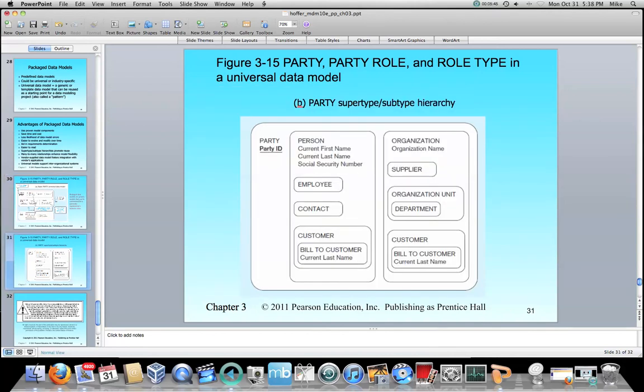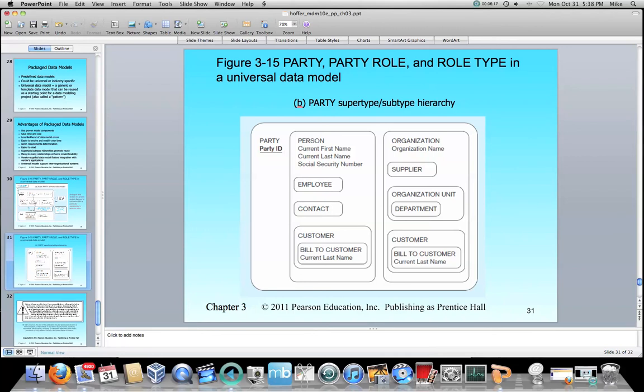And then this is the party being made into a supertype-subtype hierarchy. The supertype would be party, and then the subtypes would be persons and organizations. Within person as a supertype, the subtypes are employee, contact, and customer, and then customer has a relationship to another subtype known as bill-to customer, and so on.